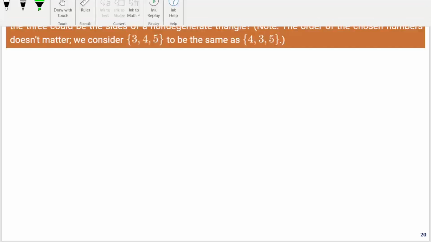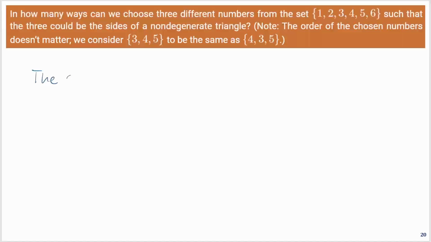Here, I'll give you a hint. So we first notice that if we have 3 numbers to consider as possible side lengths of a triangle, we only need to make sure that the sum of the smallest 2 is greater than the third.